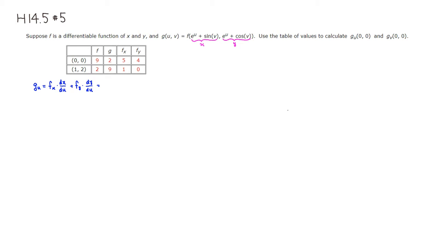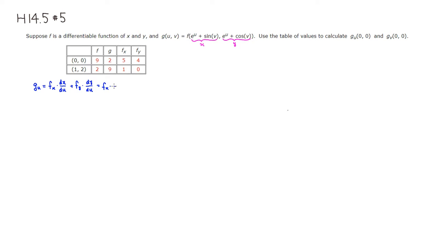So you have the partial of f with respect to x. dx over du: the partial of e to the u with respect to u is e to the u, and the partial of sine of v is a constant, so it's 0.